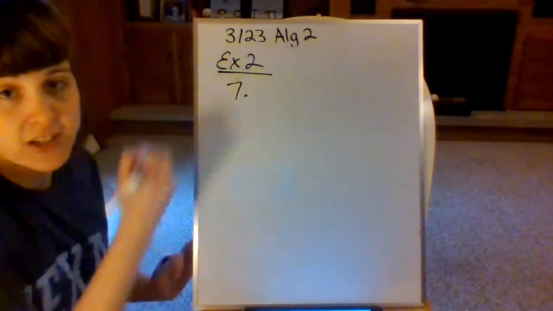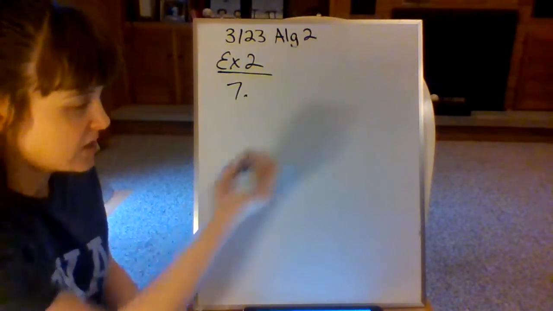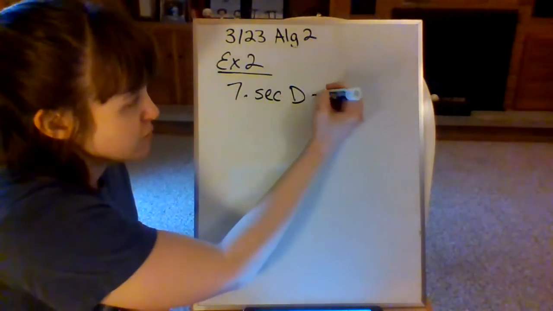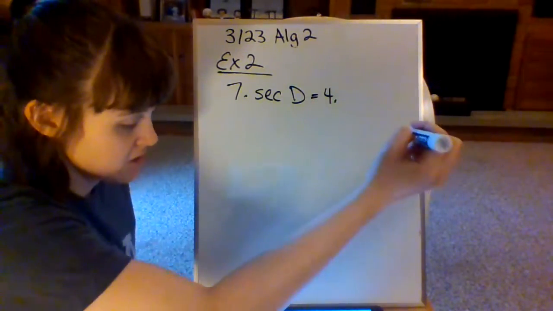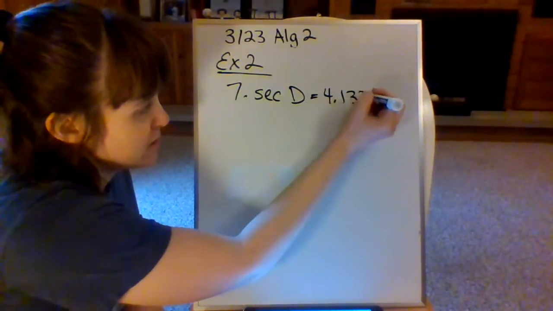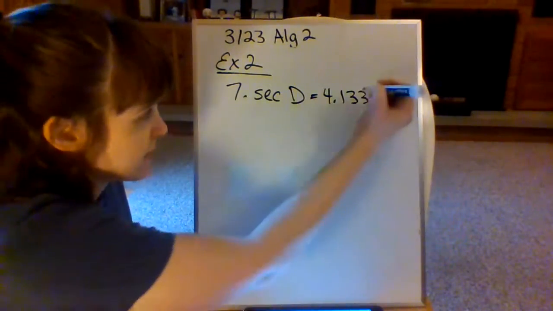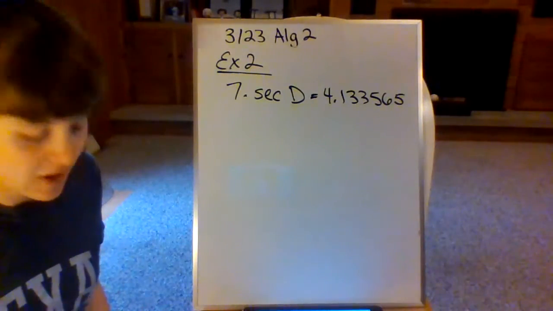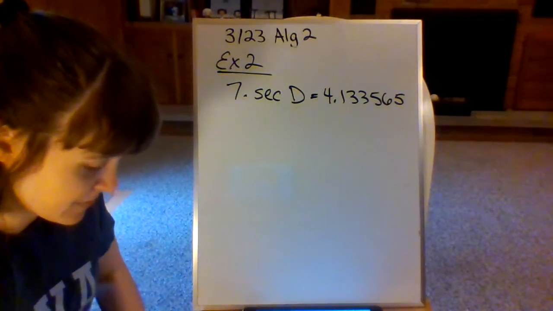Alright, number 7 says secant of angle D equals 4.133565. Okay, so we're going to put the decimal in first.